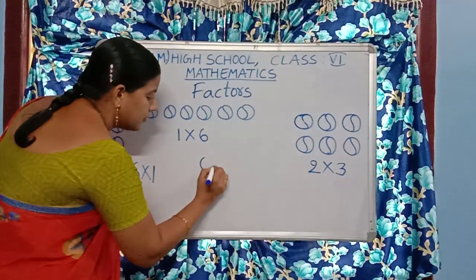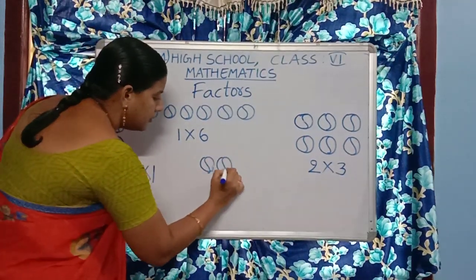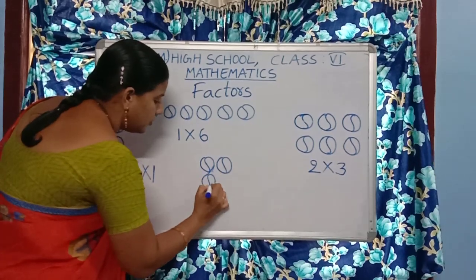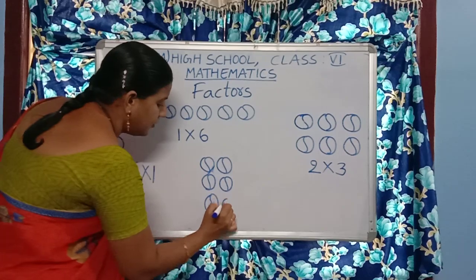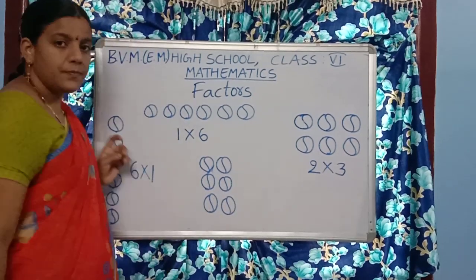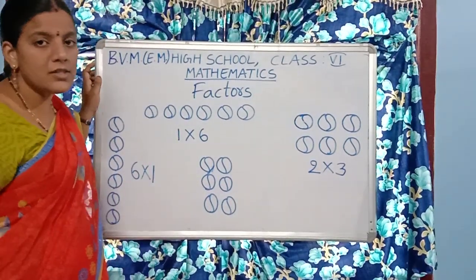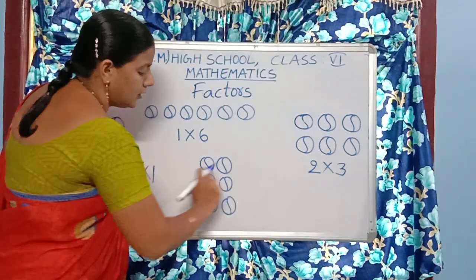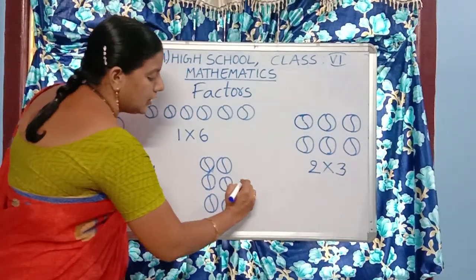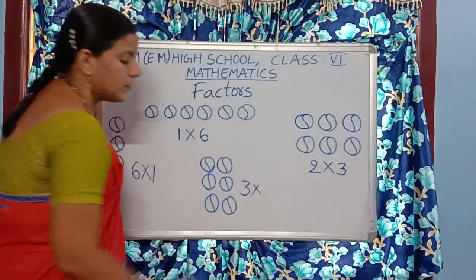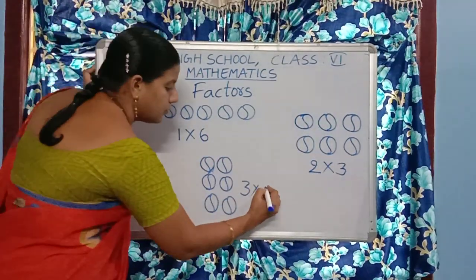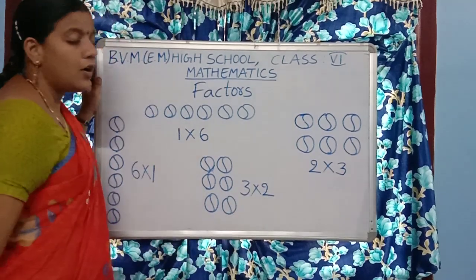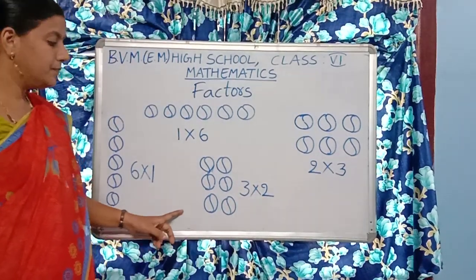Another pattern. 1, 2, 3, 4, 5, 6. Okay? Here how many rows are there? 1, 2, 3. 3 rows. Columns. 1, 2. 2 columns. Okay children?